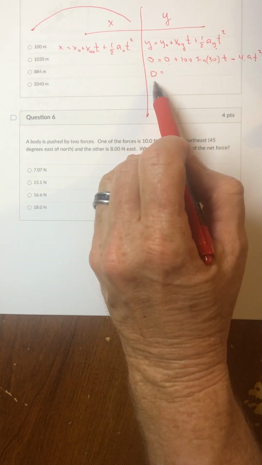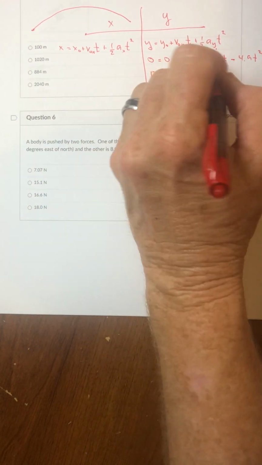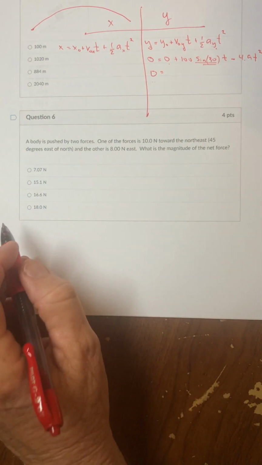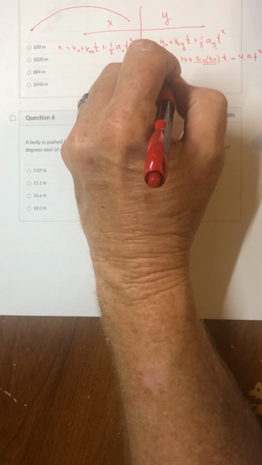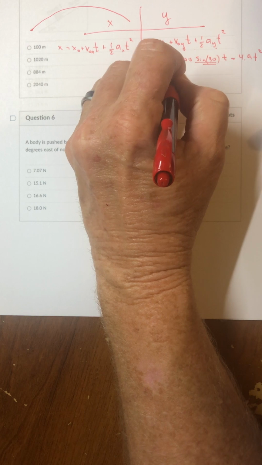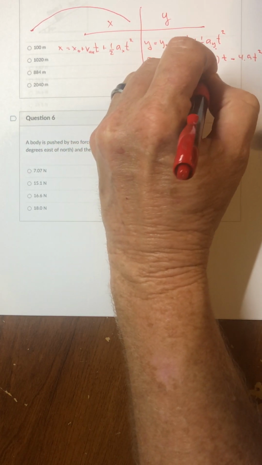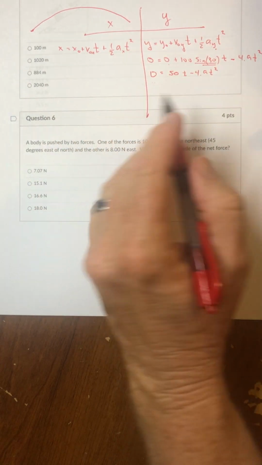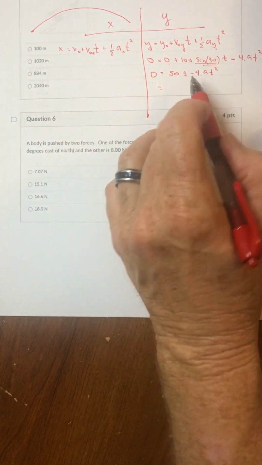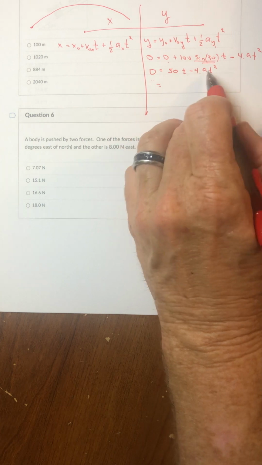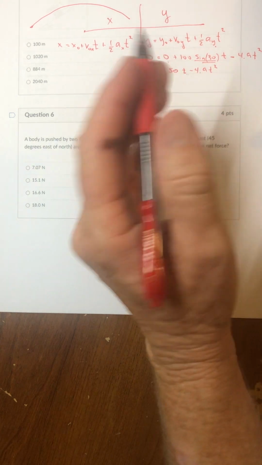So putting the zeros together, I get 0. And if you remember a little bit of your trigonometry, sine of 30 is 1/2. So I could probably get away without even using a calculator at that step. And this is what I mean by it factors so easy. Without a constant term, you've got a term that has a t in it and another one that has t squared.